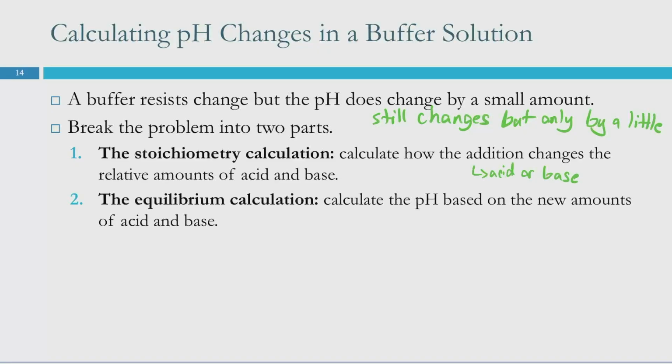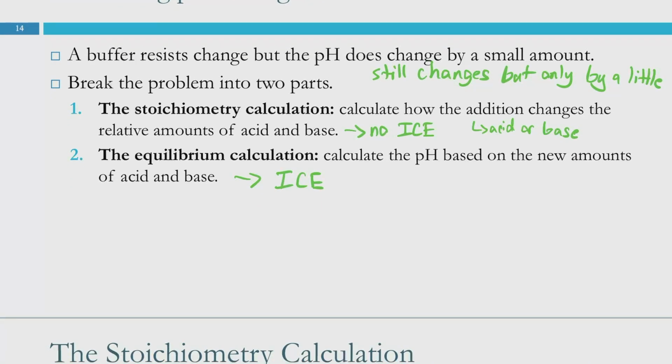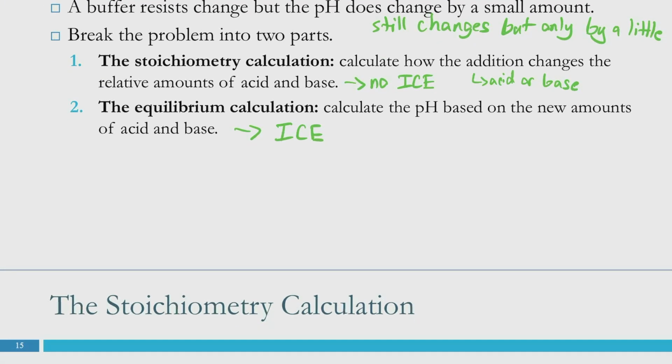And then we'll calculate the pH based on the new amounts. So we do get to do probably an ice table for that. So no ice, and then later we changed our mind, ice. Typical Starbucks customer.